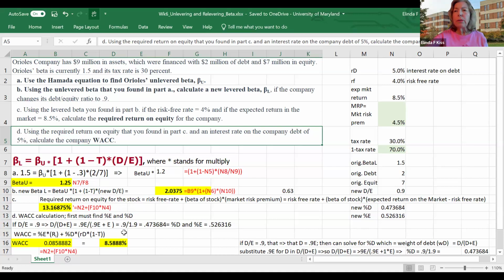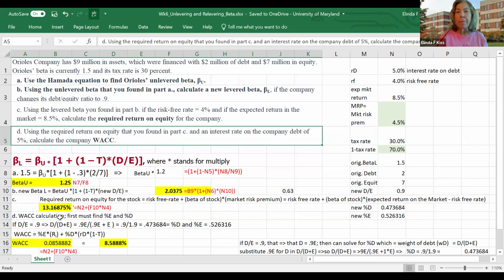Next, we use the new levered beta in our CAPM equation in cell C12. The risk-free rate is 4% as shown in cell N2. The market risk premium equals the expected return in the market of 8.5% minus the risk-free rate of 4%.